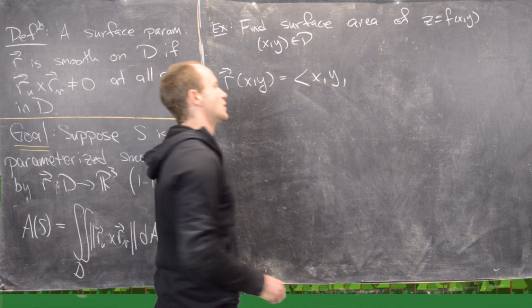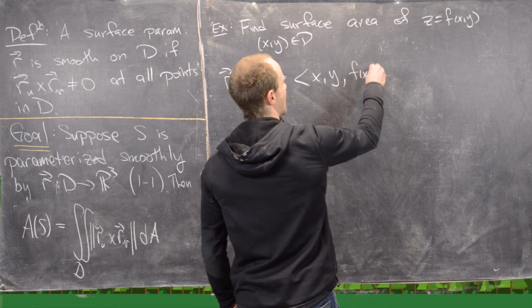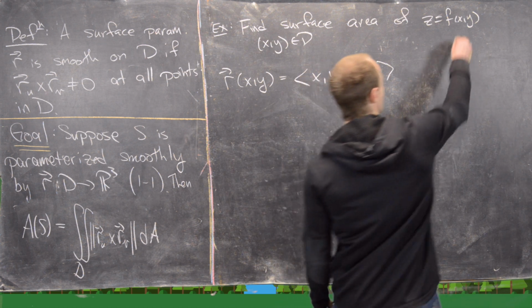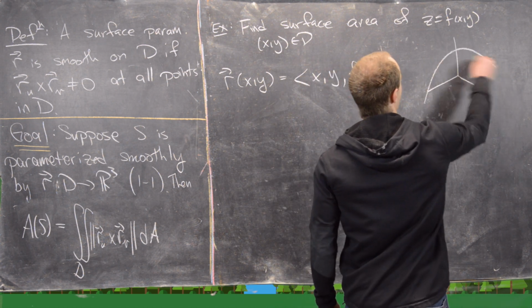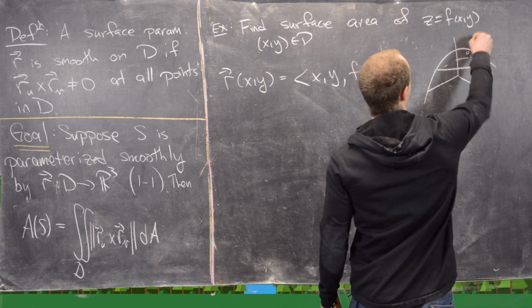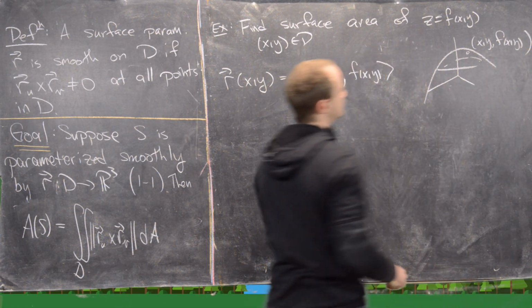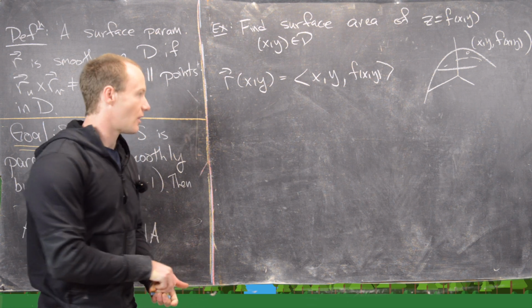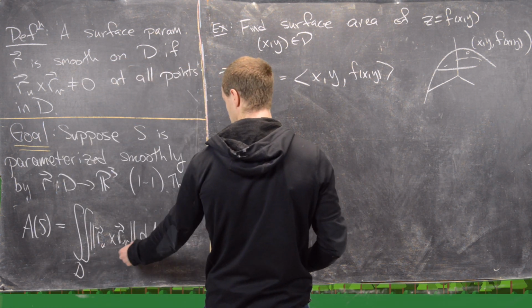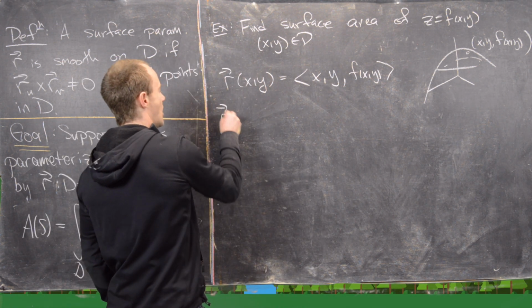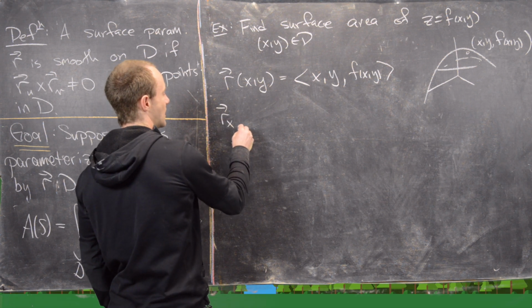So x is the first coordinate, y is the second coordinate, and f of xy is the third coordinate. And that's because every point on this can be given by x comma y comma f of xy.